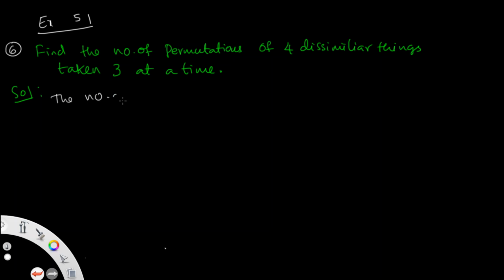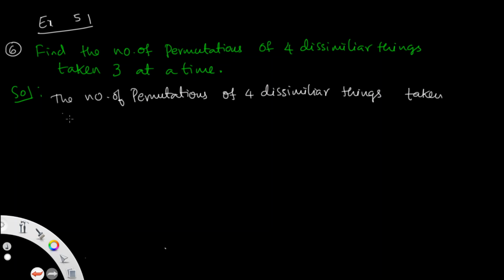So the solution is: the number of permutations of 4 dissimilar things taken 3 at a time is 4P3.